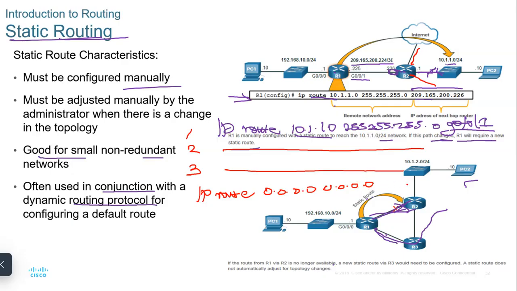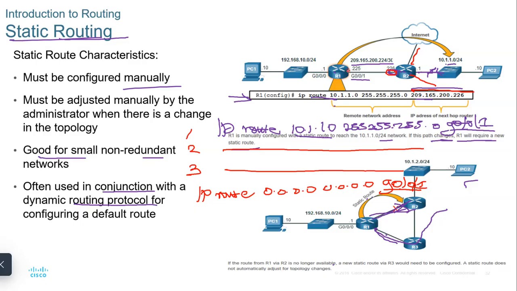And then the next hop or exit interface, where I used 0/0/1. I hope you are not confused by this, since we have two options. You can use the next hop IP address, or I can use the exit interface.